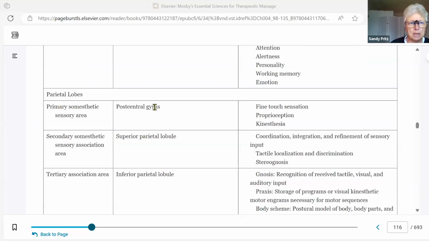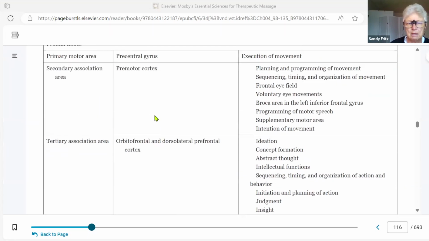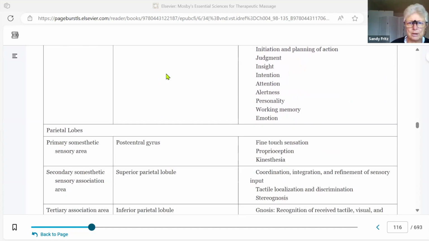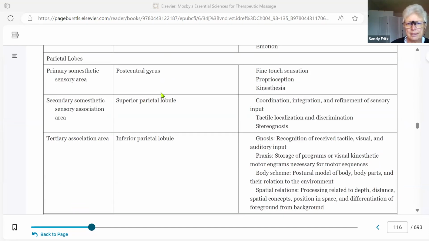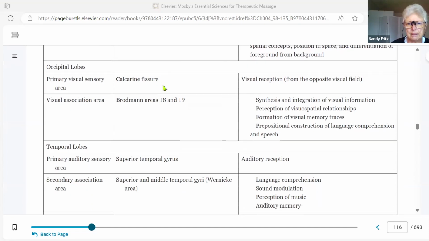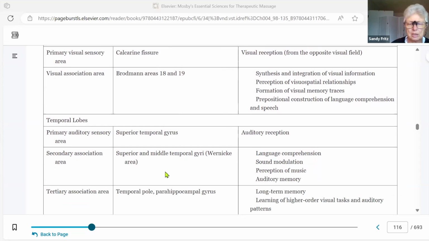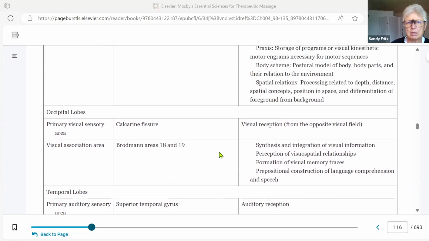But apparently my area right here in the premotor cortex, where there is something to do with my sequence and timing, or down further in where I have the area about language, maybe there's something that happened there.